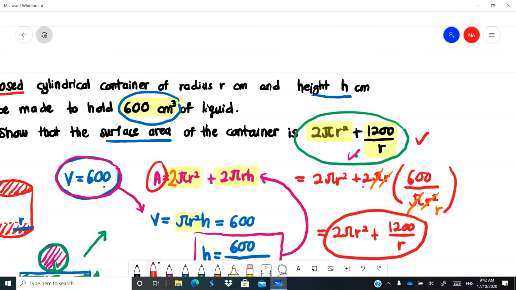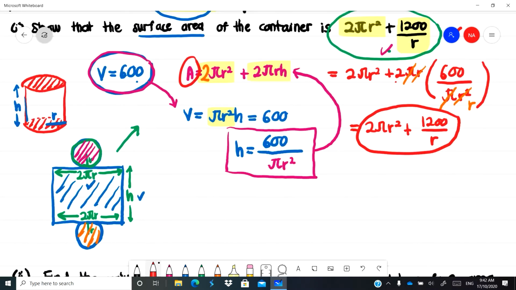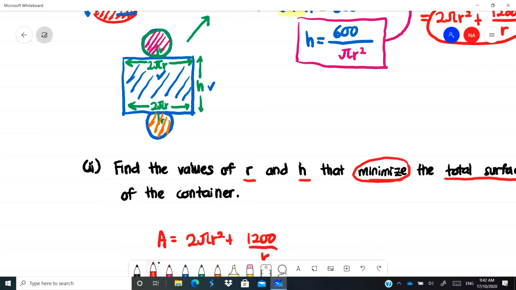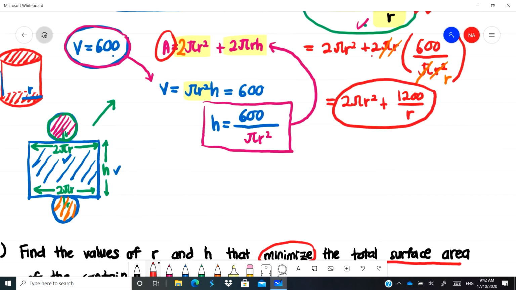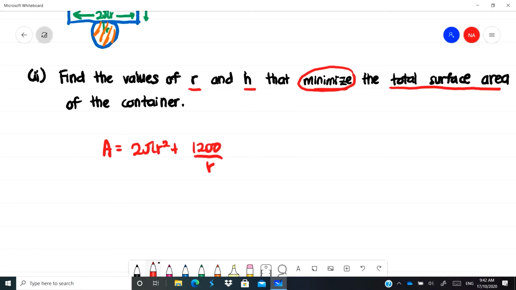Just in case in an exam you don't have much time, so you couldn't prove the formula for the total surface area, what you should do is just proceed to question number 2, the Roman 2, and solve the maximum or minimum problem, meaning you just use the formula given. Then you differentiate.